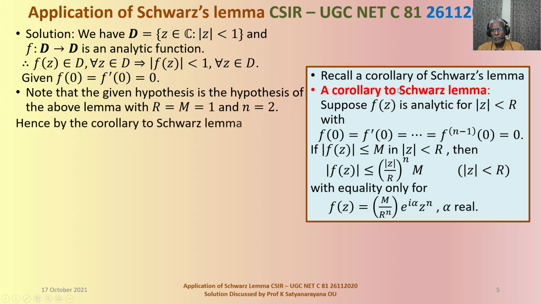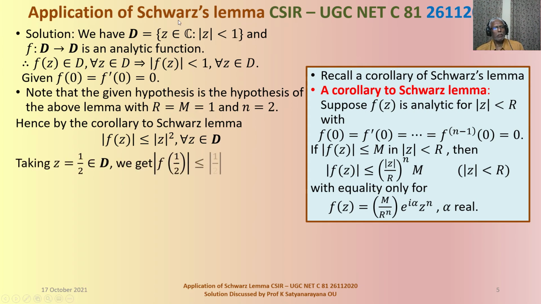Hence, by this corollary to Schwarz lemma, mod of f(z) is less than or equal to mod z square for all z belonging to D. So, taking z equal to 1/2 belonging to D, we get mod of f(1/2) is less than or equal to mod of 1/2 squared, that is equal to 1/4.